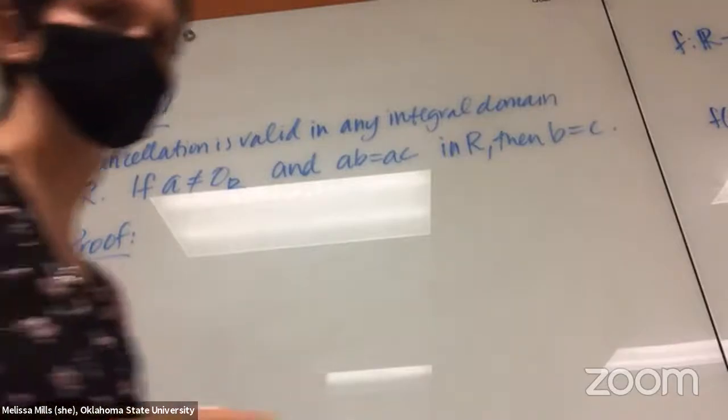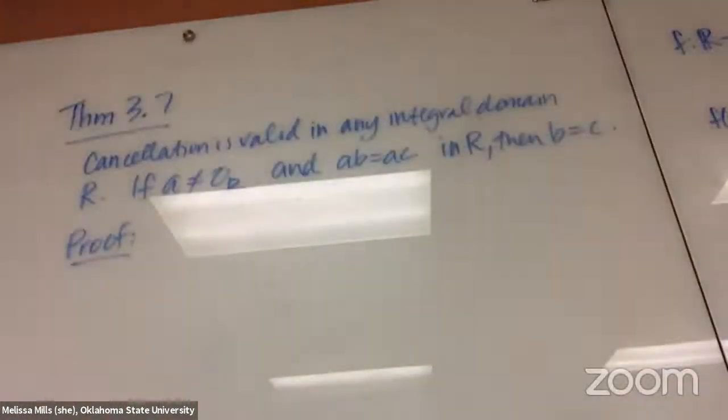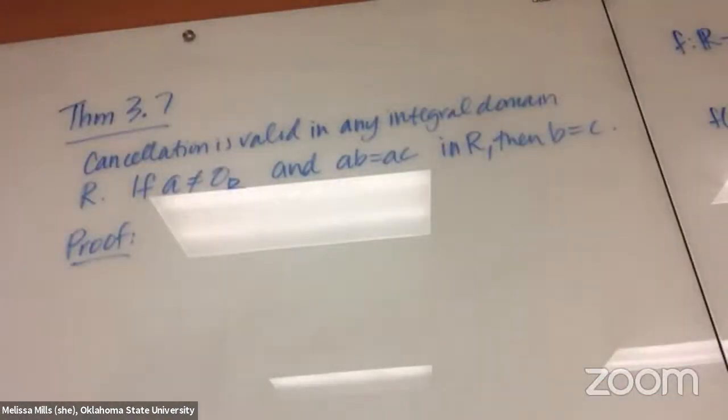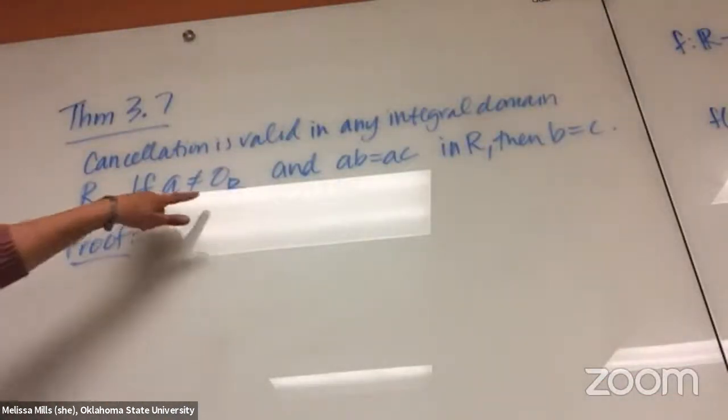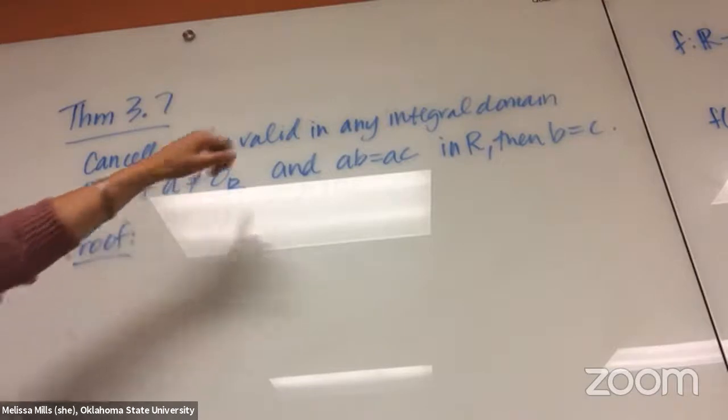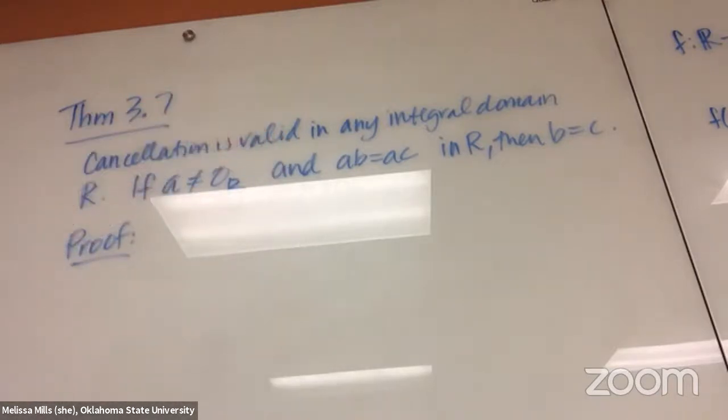Okay, so y'all can prove this. This one's just a couple of lines. So what all do I need to assume here? Assume that A is non-zero and that R is an integral domain, right?